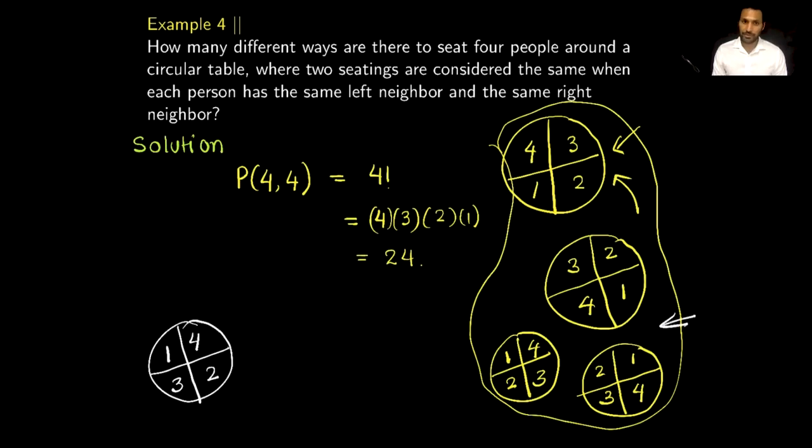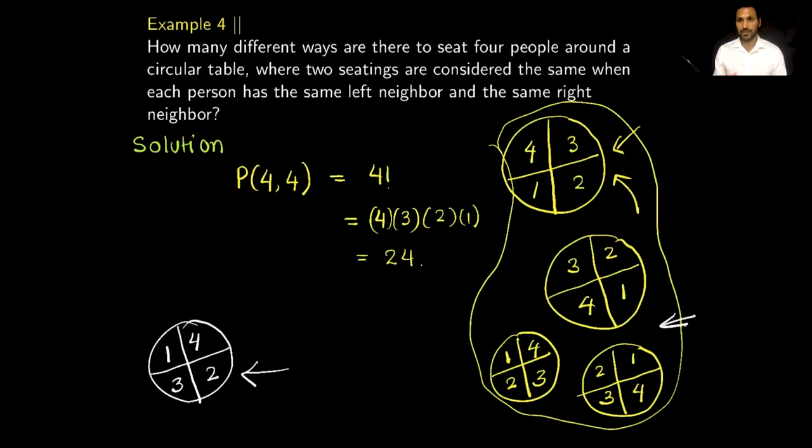I can compute all the other arrangements corresponding to this arrangement by just rotating it. As you can see, if I rotate this arrangement 3 more times, I have 4 arrangements which correspond to this group.